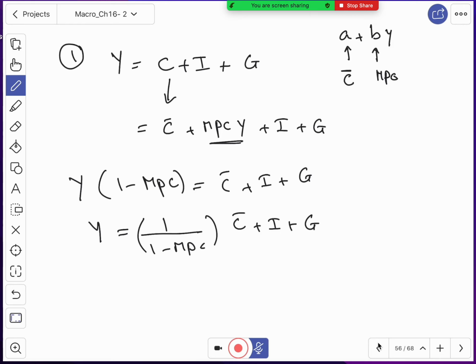So out of this formula, we can say that anytime we have a change in the government spending, output will change by the amount of the multiplier. It's like you're taking the first derivative of this equation with respect to G. And this we call the government multiplier.